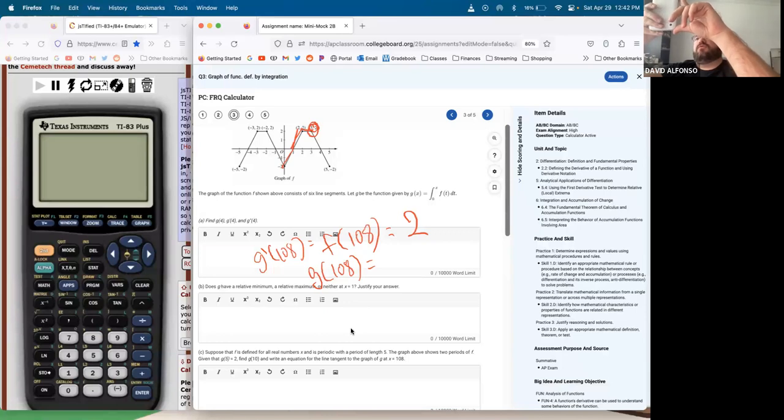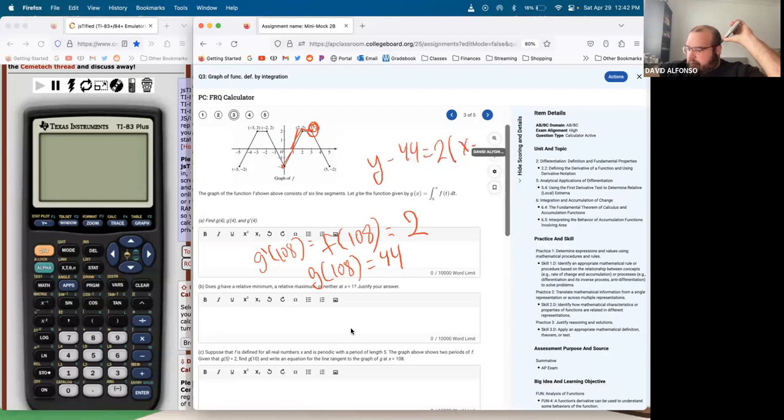So I'm going to say 2 times 22. So it should be 44. So it should be y minus 44 equals 2 times x minus 108. That should be the value.